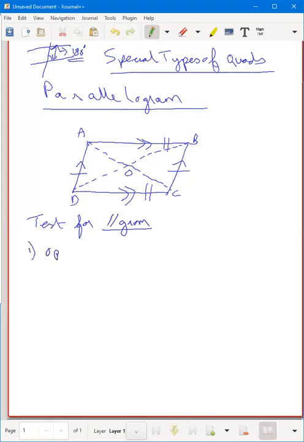Opposite sides are equal and parallel. Yes, Sara Bastani, yes. Triangle ABC will be equal to triangle ADC. That's what I just told you. It divides it into two equal parts.